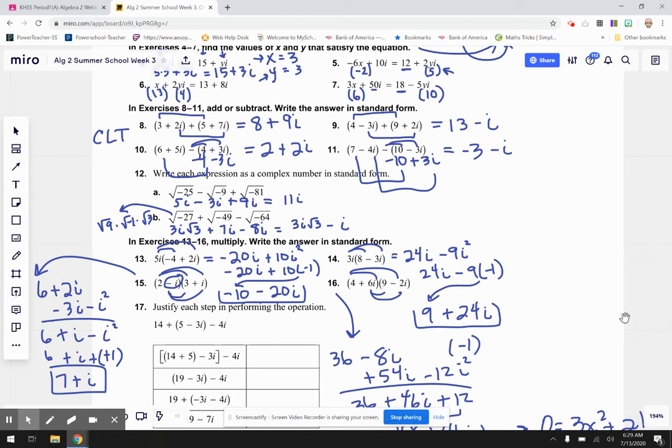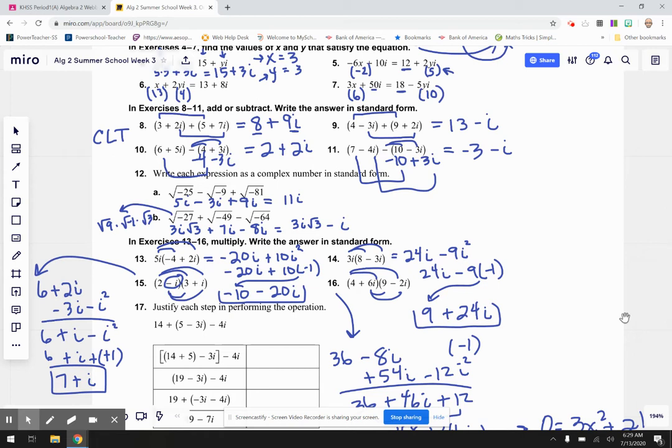So number 8, you can see 3 and 5 were both numbers, so that equals 8. And then 2i and 7i together, they're both i's, and that's 9i. So you had 2 plus 7, you have the 9, and then they're i's. Number 9, 4 and 9 are both positive, so add them together, you get 13.